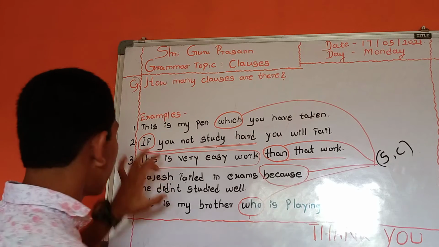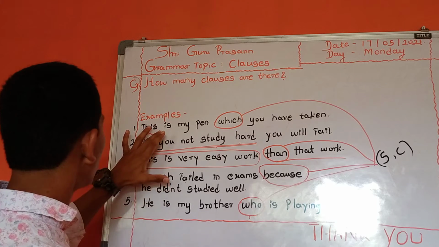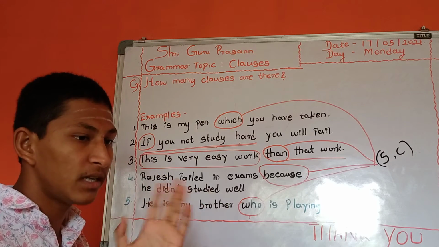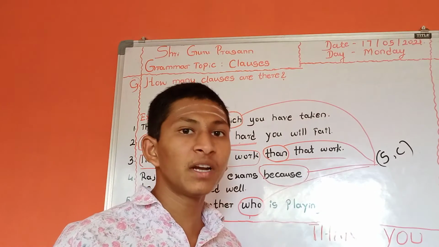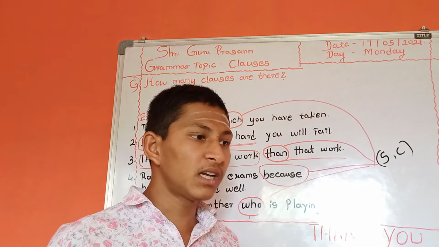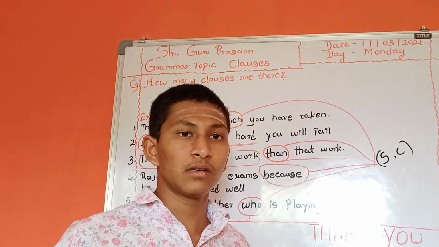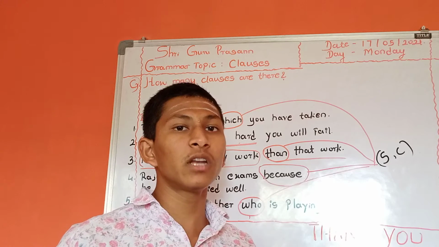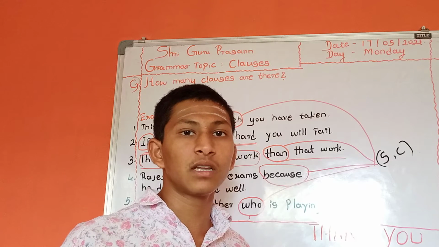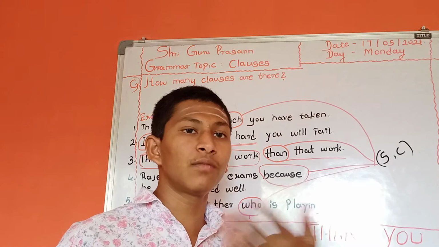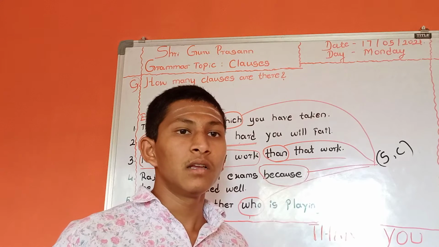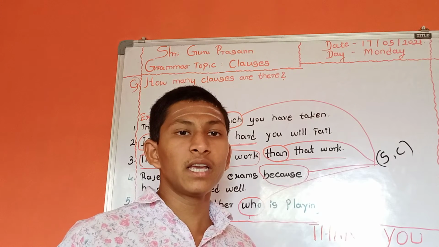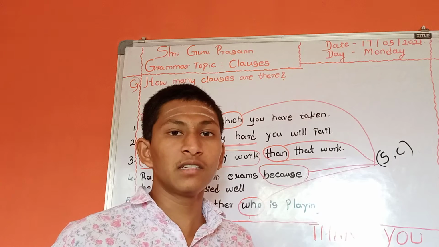Now I will elaborate. First we have to understand what is an independent clause and what is a dependent clause. Independent means it is a completely meaningful sentence. It is not dependent upon any other sentence to be a meaningful sentence, because it is itself meaningful and does not require any additional sentence.